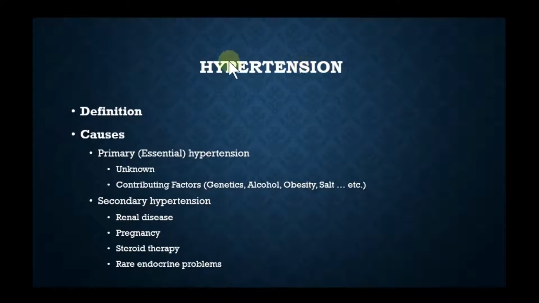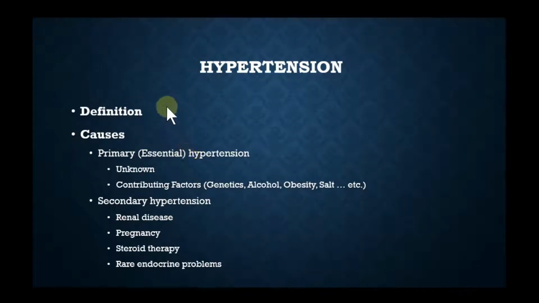Patients who are referred to as hypertensive have a persistent increase in blood pressure over 140 systolic on 90 diastolic. The causes of hypertension can be either primary, referred to as essential hypertension, for which the cause is unknown, but several contributing factors like genetics, alcohol, salts, and obesity are all thought to contribute to the development of primary hypertension.